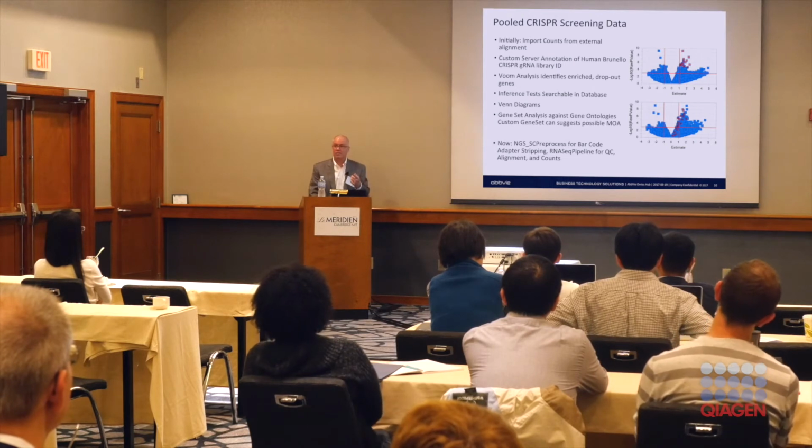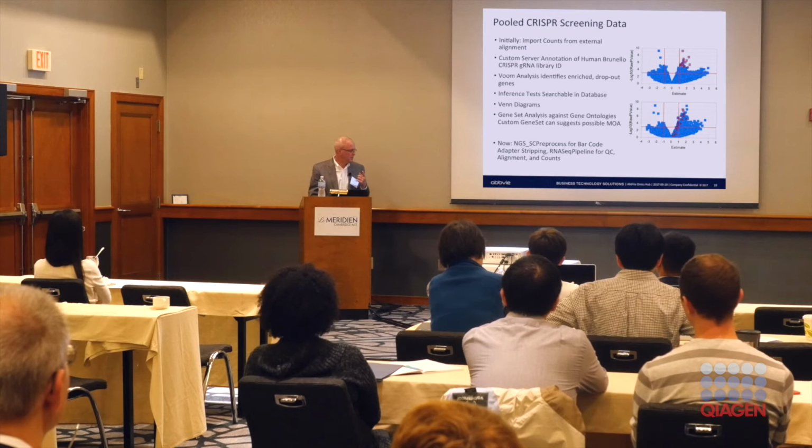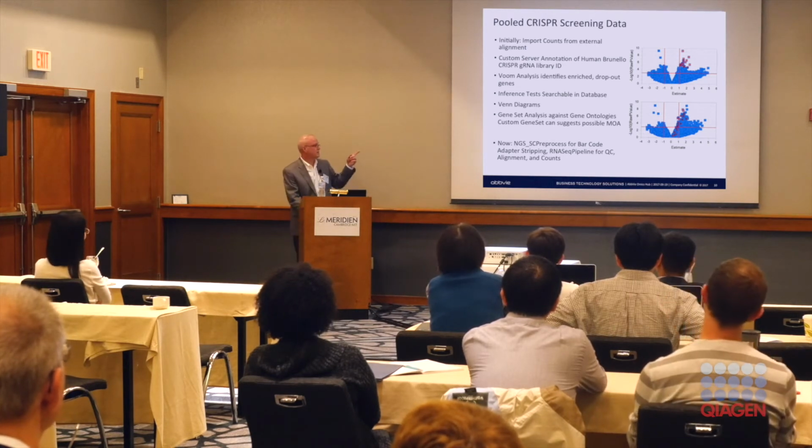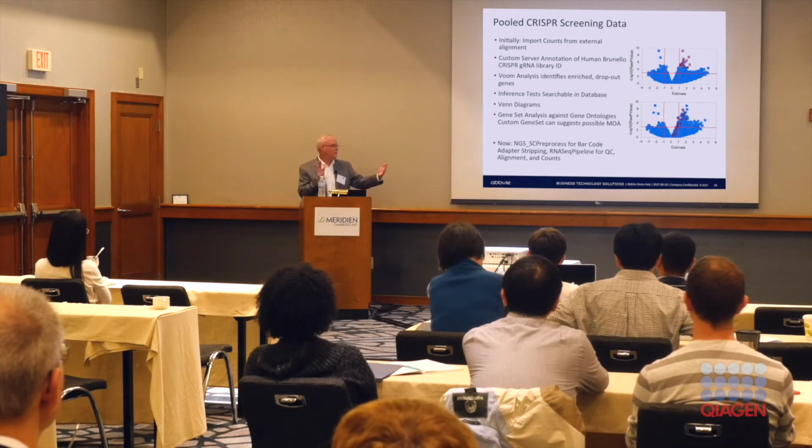And now, with Joe's help, and someone else, anyway, the support staff helped us. We worked out so we can use the single cell preprocessing to better do the adapter stripping and strip the barcodes.